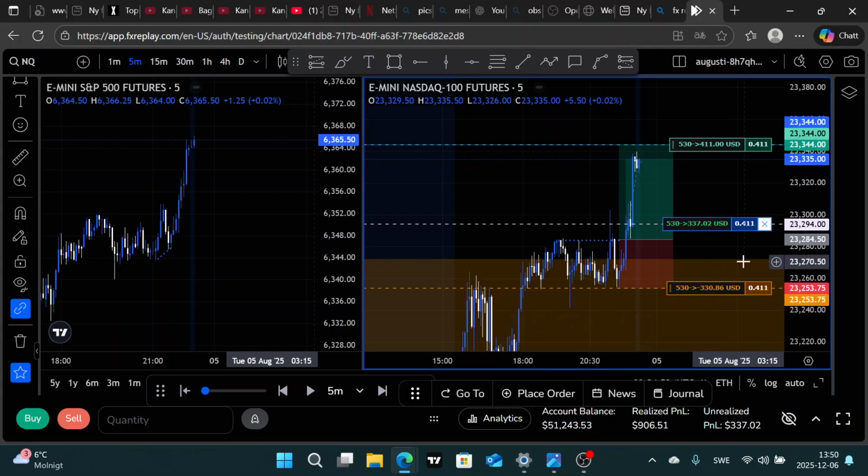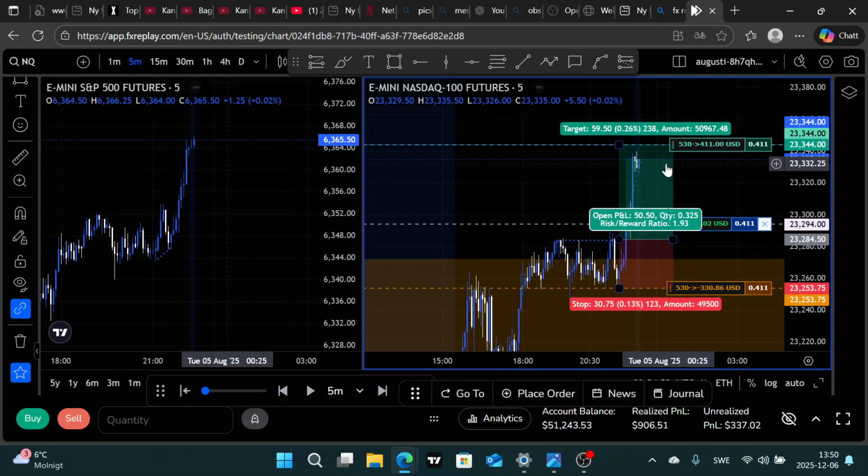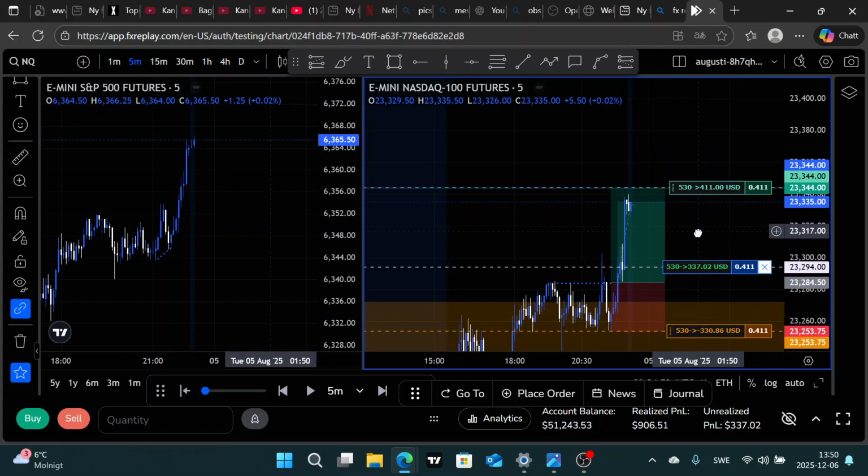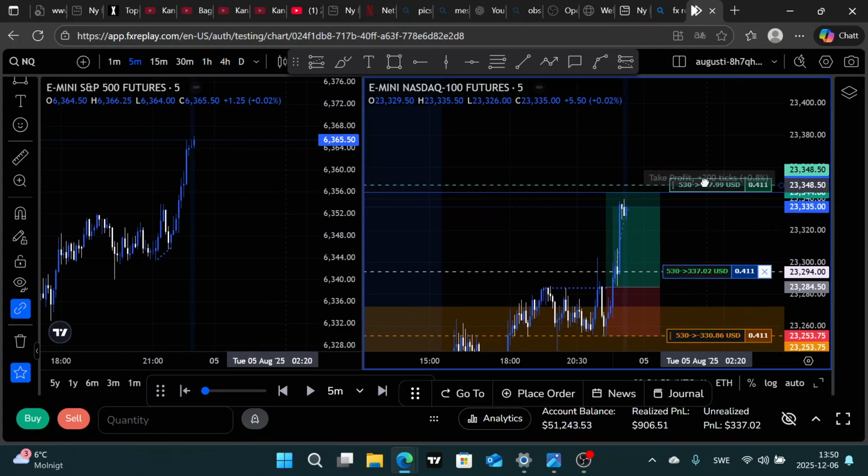So now I have 50% of the amount, and I went out with 50% right here. I wanted to move my take profit higher, and that is the greedy thing about trading.